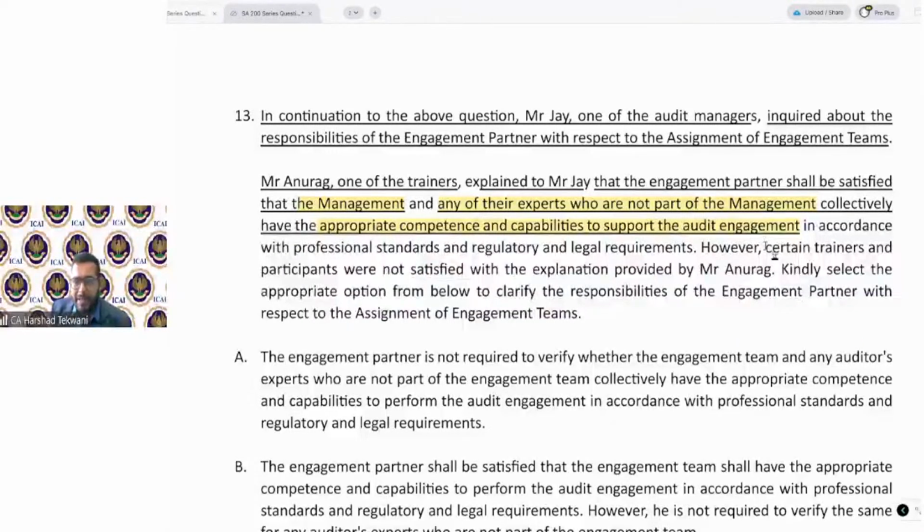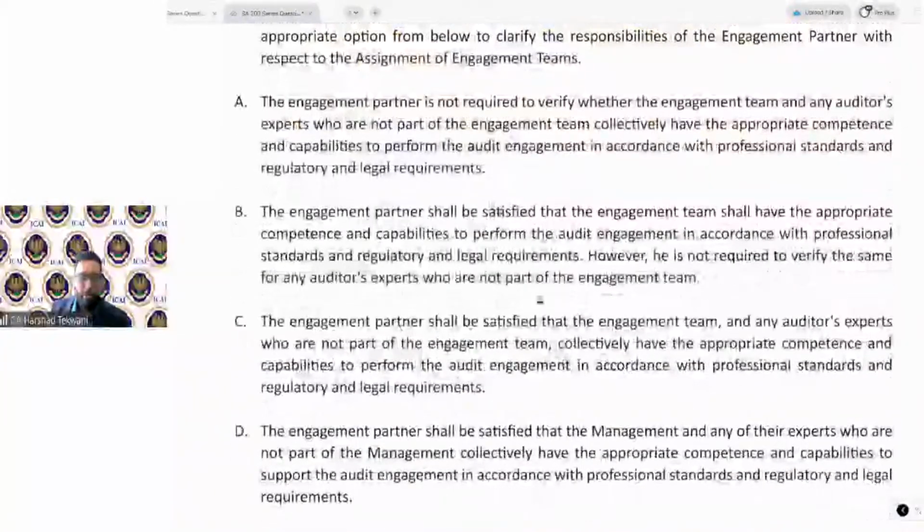Now, however, there were certain trainers and participants who were not satisfied with the explanation provided by Mr. Anurag. Kindly select the appropriate option from below to clarify the responsibilities of the engagement partner with respect to assignment of engagement teams. So what are the options?